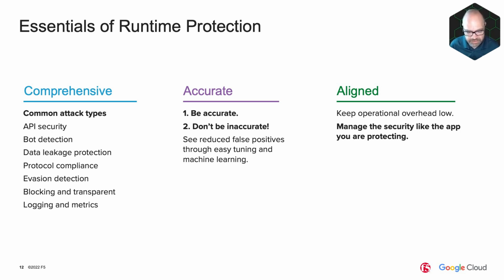So whatever WAF you choose, and obviously I'd love you to choose F5 NGINX and our App Protect WAF, which I will talk a little bit about, but whatever WAF you decide to choose, and however you run it, it shouldn't necessarily be like a speed bump on the way from getting your app out there. It should be a way to accelerate that, because you can align the testing, you can put it out with better protection. But that means how you operate the WAF is as important, and how the WAF can be operated is as important as these comprehensive and accuracy things.